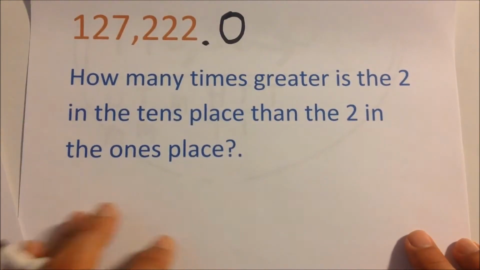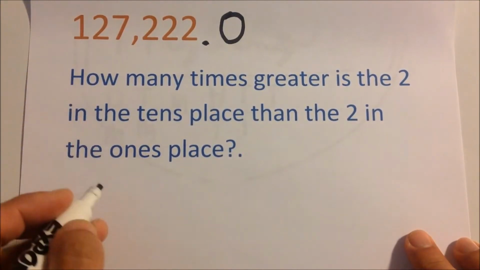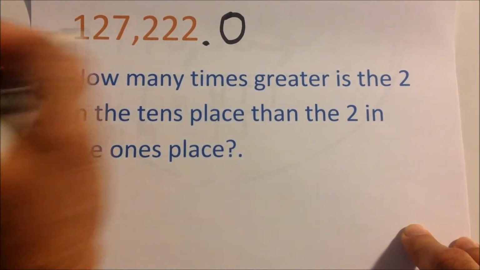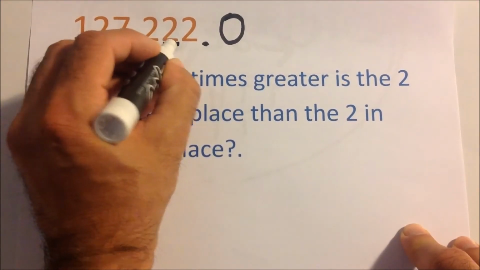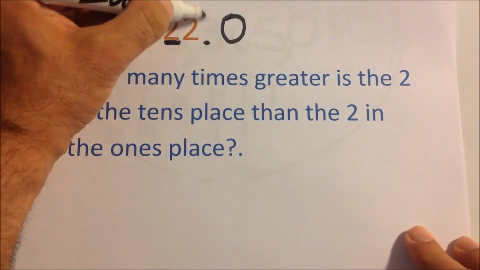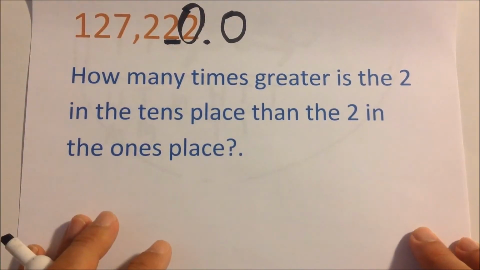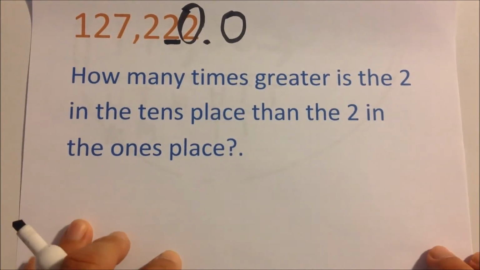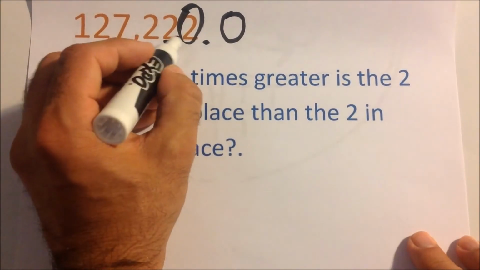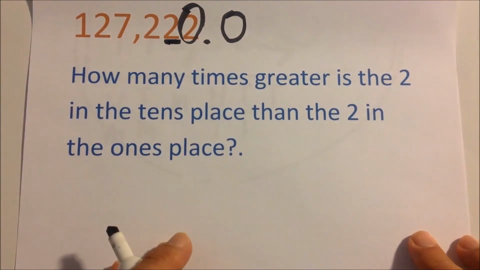So how many times greater is the 2 in the tens place? So where's the 2 in the tens place? Right there. That's the tens place. So how much greater is this 2 than this 2 in the ones place? Well, with powers of 10, it's pretty easy. Every place is 10 times greater.